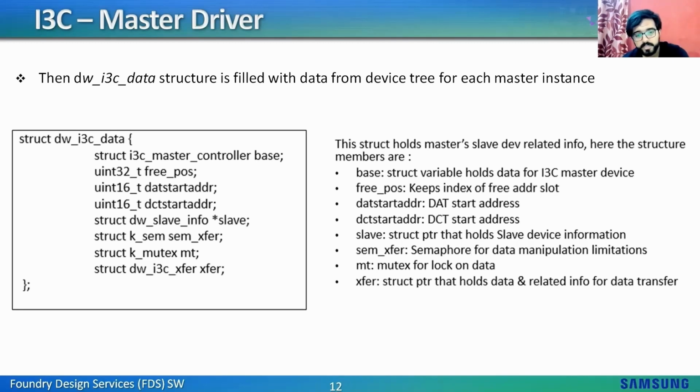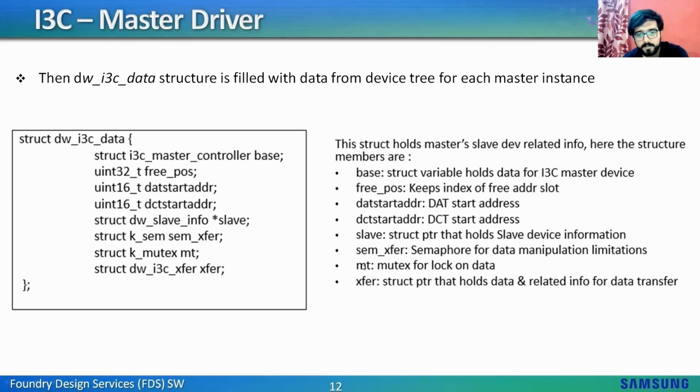This variable keeps the index of the free address slots that are left in the address slot array after the dynamic address assignment is done. Then we have DAT start address. This variable keeps the device address table start address. Then we have the DCT start address variable. This variable keeps the device characteristic table start address.